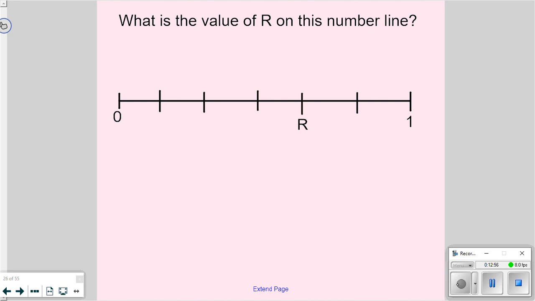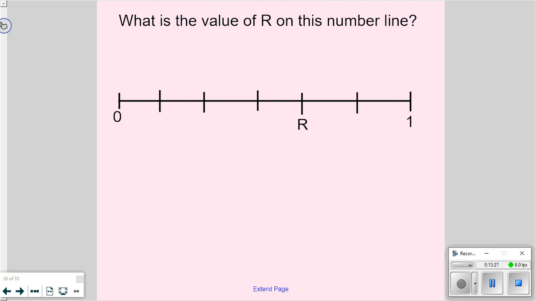Bryson, why is there an R in the middle of my number line? John, do you know why there's an R in the middle of my number line?